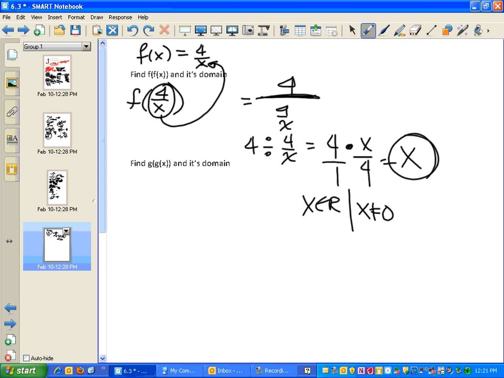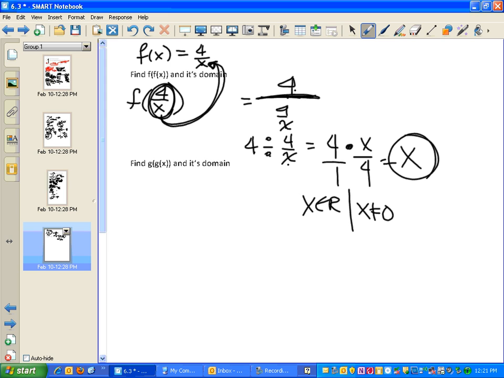So this is what I'm substituting into my f function, right? This value, if this is my f function, has to go right there where that x is. This is saying 4 over 4 over x. This is 4 divided by 4 over x.